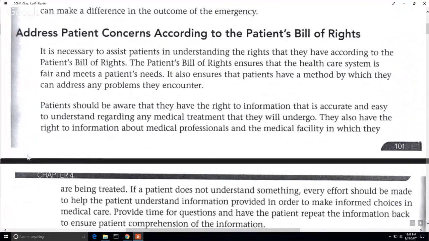The patient should be aware that they have the right to information that is accurate and easy to understand regarding any medical treatments that they will undergo. They also have the right to information about medical professionals and the medical facility in which they are being treated.